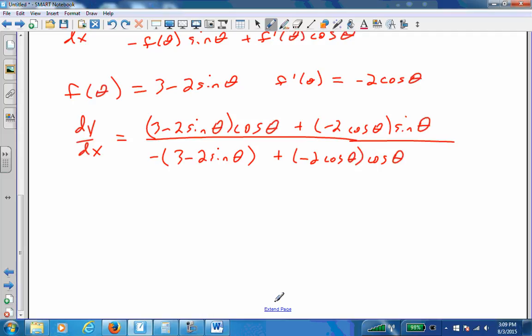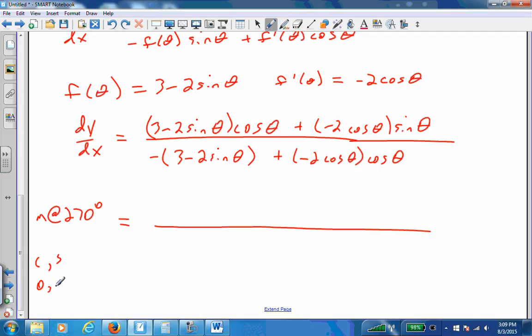The angle we were looking for was what, 270? We were looking at what is the slope at 270? So at 270 degrees, let's just make a mental note. At 270 degrees, cosine is 0, sine is negative 1, right?